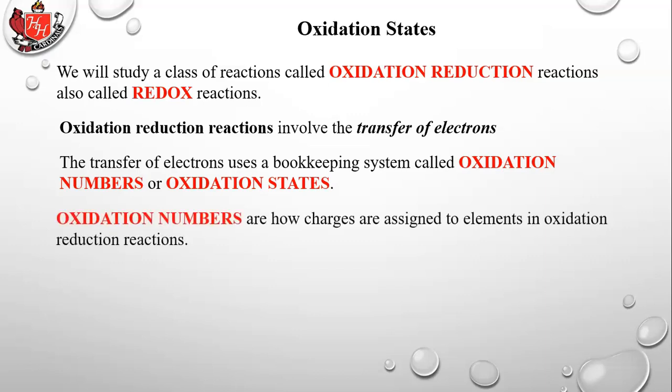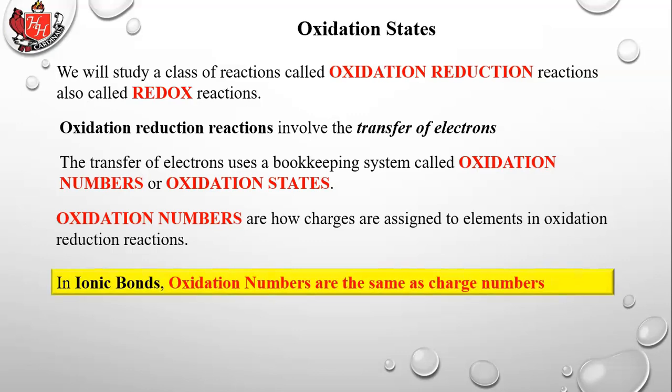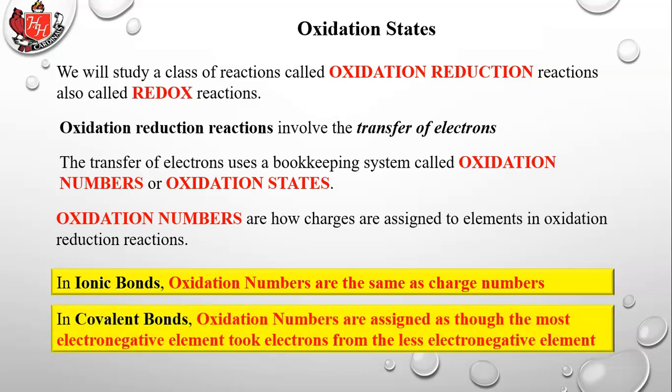Oxidation numbers are how charges are assigned to elements in oxidation reduction reactions. In ionic bonds, oxidation numbers are the same as charge numbers. In covalent bonds, oxidation numbers are assigned as though the most electronegative element took electrons from the less electronegative element.